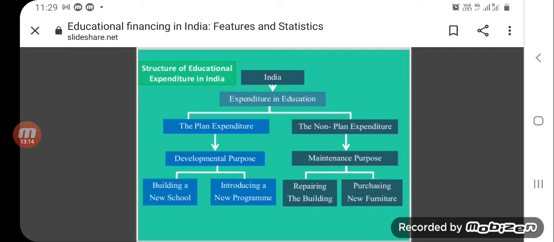After 2 years, some schools forward a proposal for having 10 more computers, then it comes under non-planned expenditure.